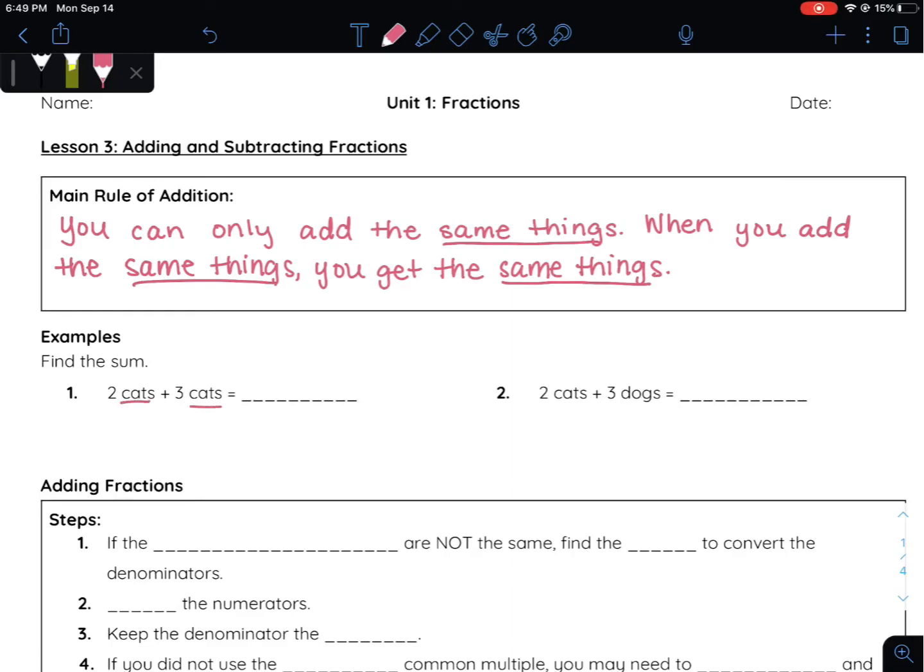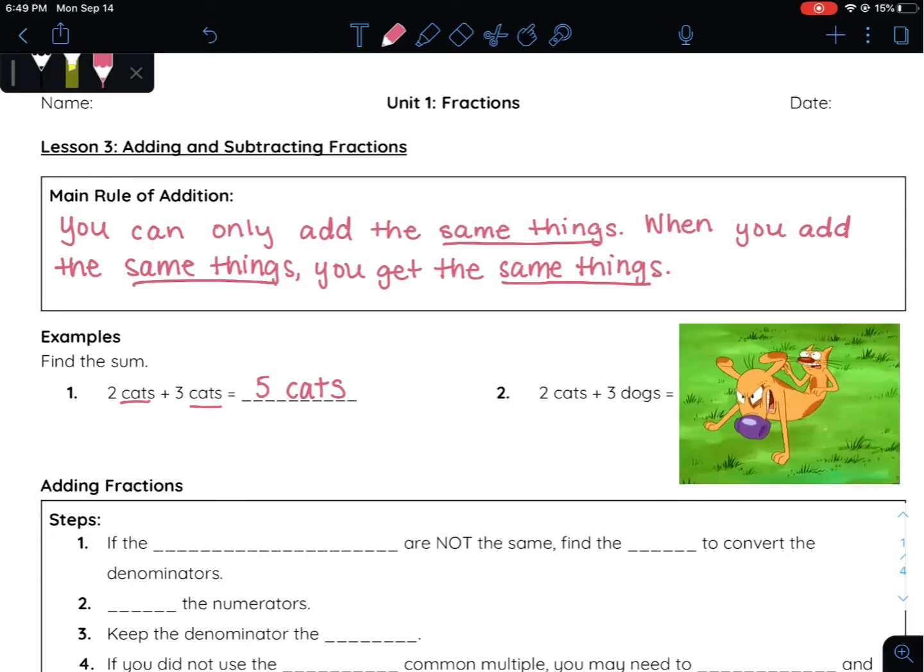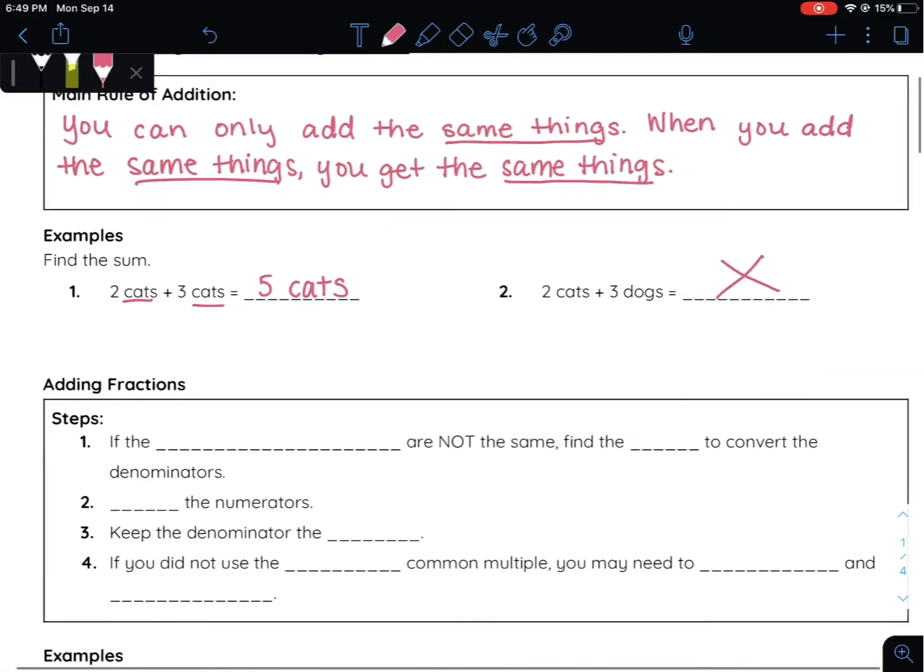They're both cats. 2 cats and 3 cats is just 5 cats. But if I say 2 cats plus 3 dogs, you can't answer that without making some things change around, like maybe calling them both types of animals or types of pets. But you can't say 5 cat dogs. It doesn't make sense because it's not what you meant.